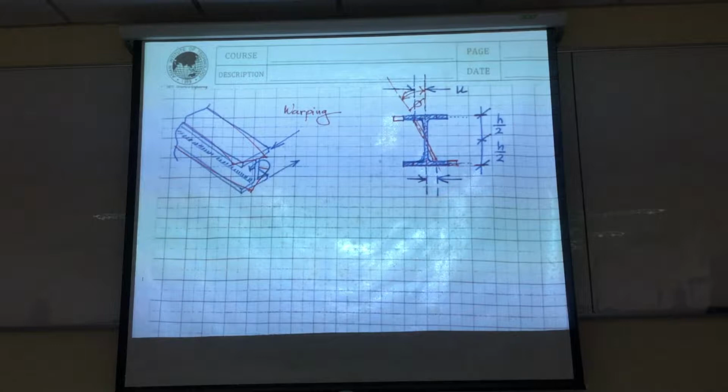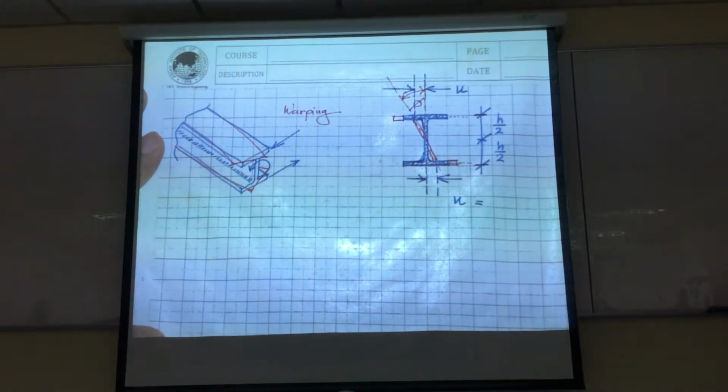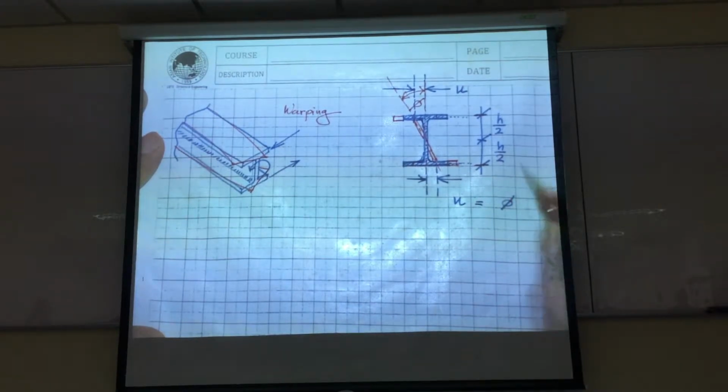So the relationships between the U and phi under small deformation, you can express that U is equals to phi h over 2, right?